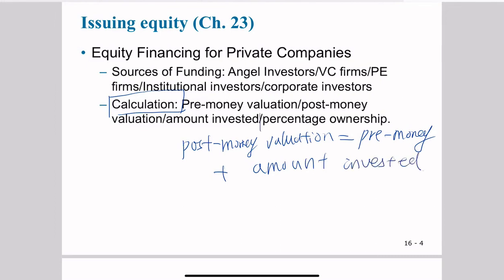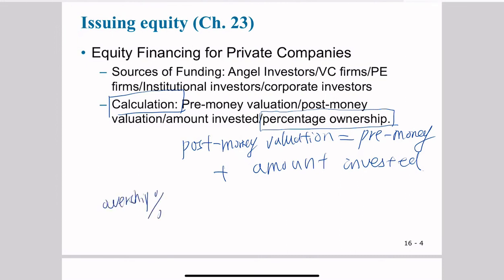It's also important to understand how to calculate percentage ownership, and your homework has one problem on this. It's good to practice that problem and make sure you understand it. Percentage ownership is pretty easy.